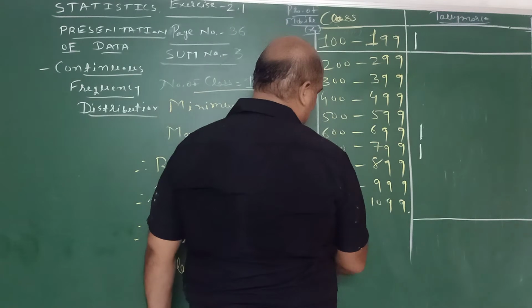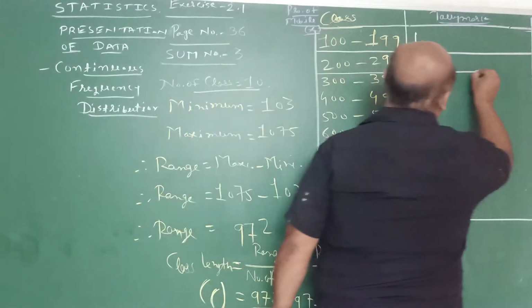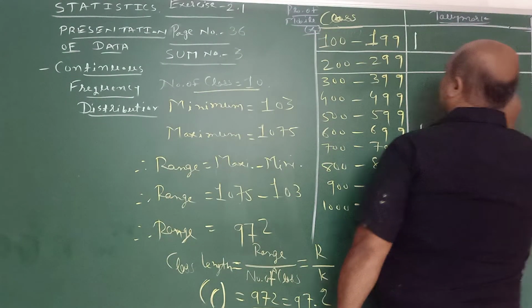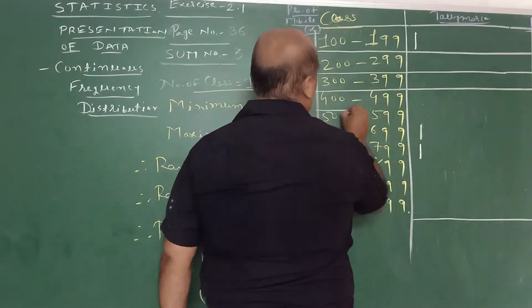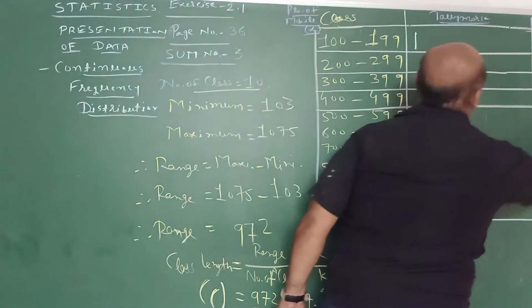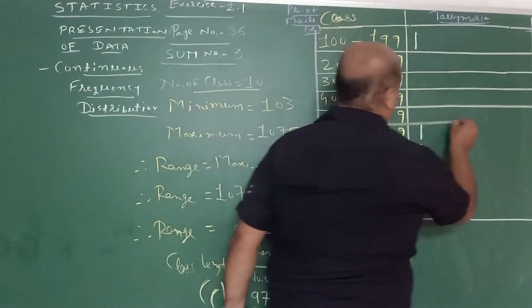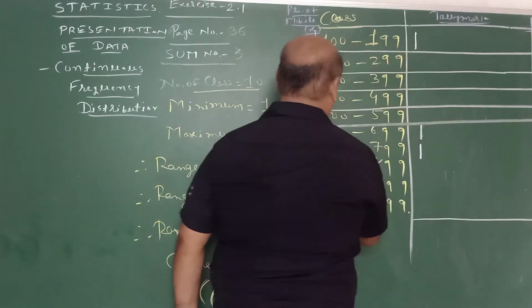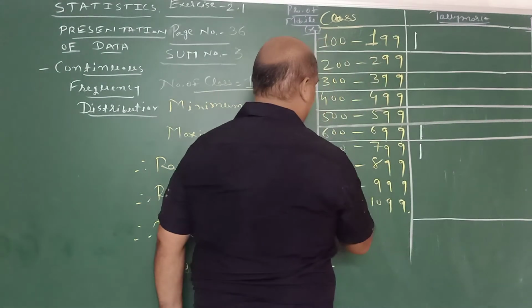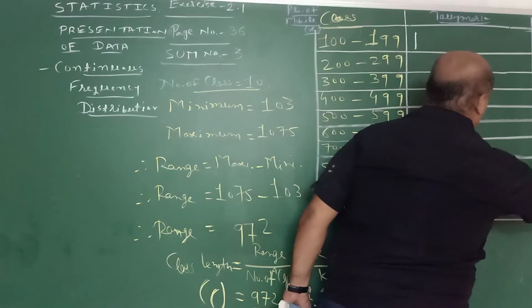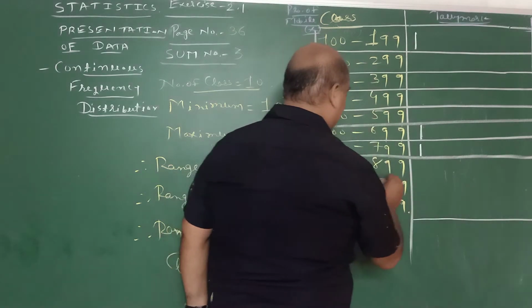For the second class it is 200 to 299, then 300 to 399, 400 to 499, 500 to 599, 600 to 699, 700 to 799, then 800 to 899.